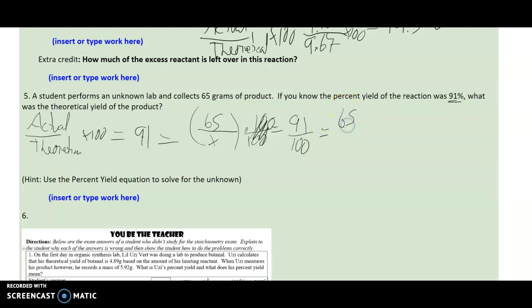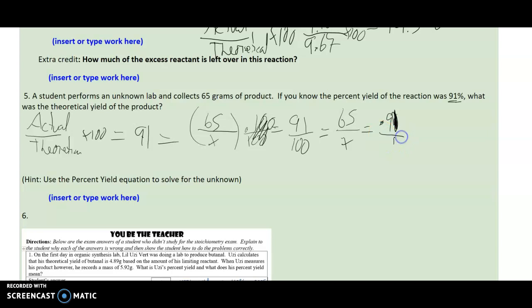Now I have 65 over x equals 0.91. Don't forget, it's 0.91.